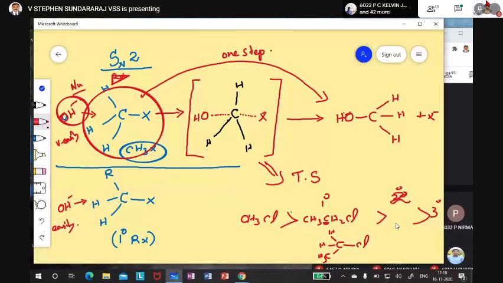So tertiary, no doubt it is SN1. Primary, no doubt it is SN2. Methyl also SN2. But the secondary is in between, not much bulky, not very hindered. So it may go depending upon the nature of the attacking nucleophile, the solvent and the reaction condition, it may take either SN1 or SN2.